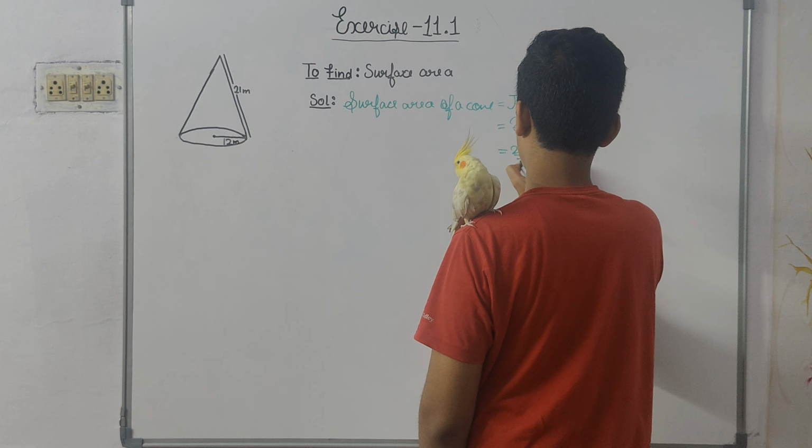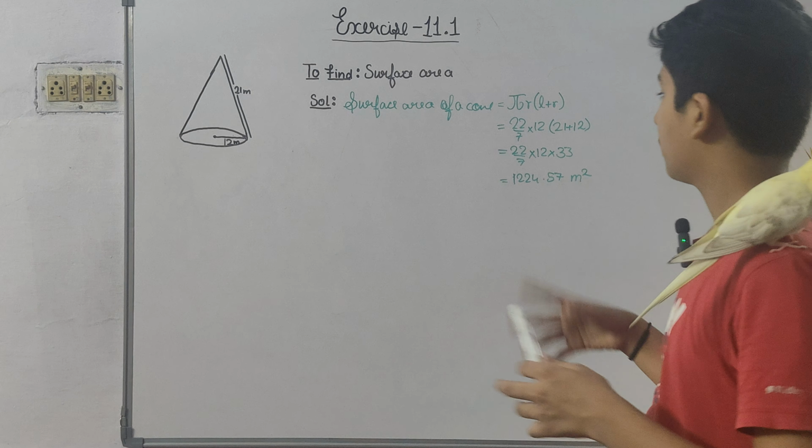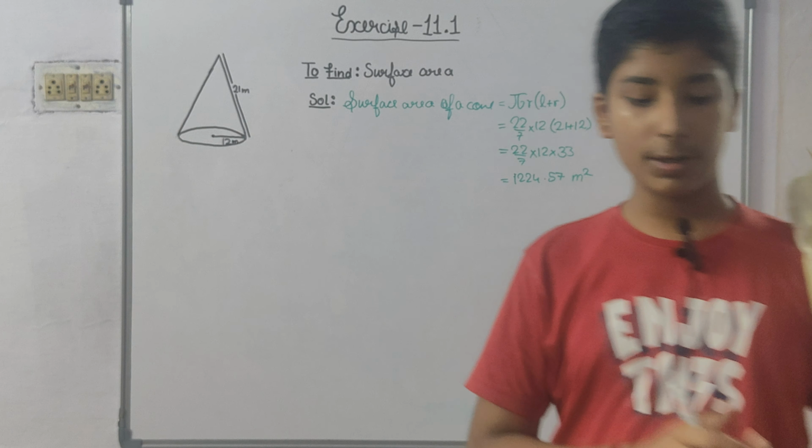This would be our answer. Or, if you want, you can just multiply 22 into 33 into 12 and write it upon 7 meter square, because that would also be the correct answer. Now this question is over. Let's come to our next question.